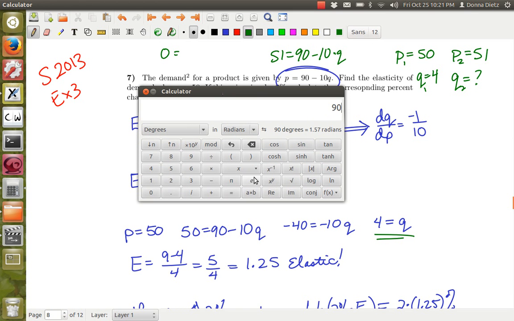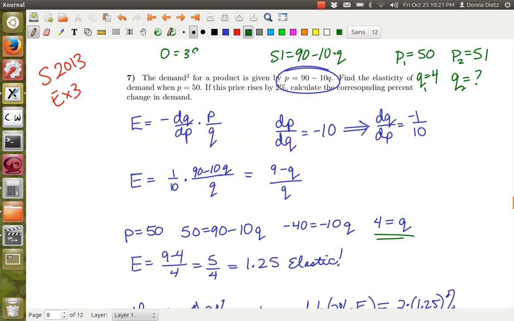This is what happens late at night. I can't remember how to do simple arithmetic. Right, 39. So you get 39 equals 10Q, so Q2 is just going to be equal to 3.9.